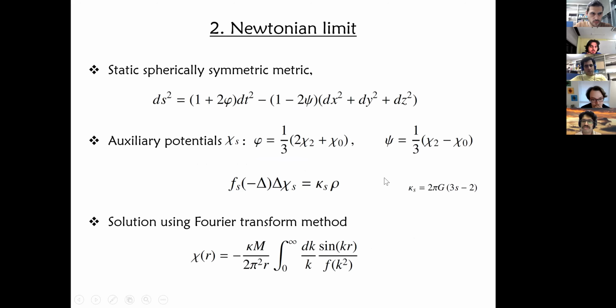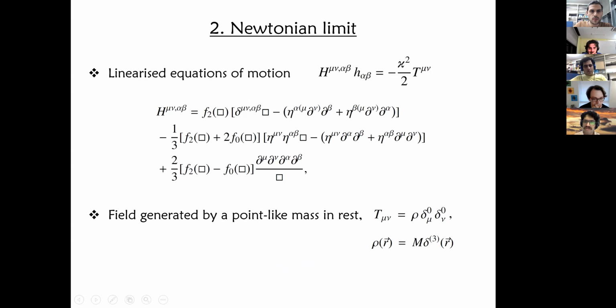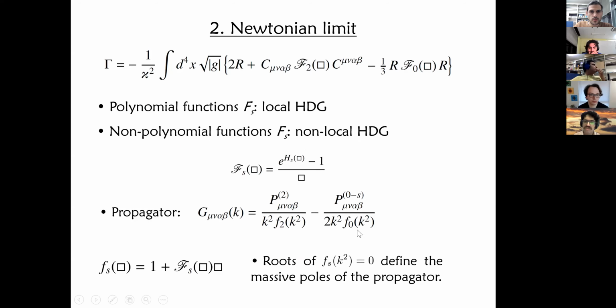It is very useful to work with these auxiliary potentials, chi2 and chi0, instead of the original potentials of the metric, because they only depend on the spin 2 and the spin 0 part of the propagator.